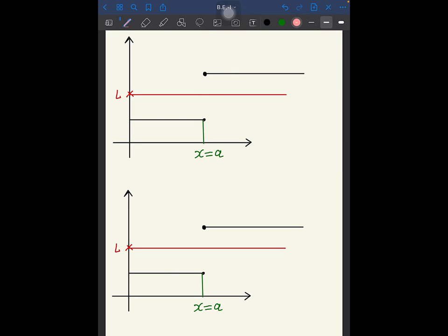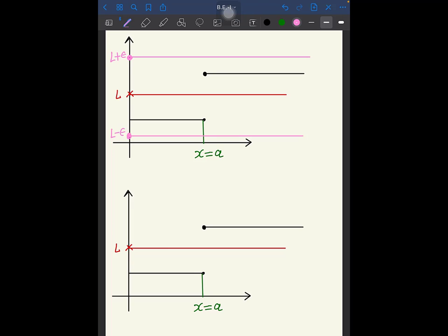If you take lines, let me draw pink lines with bigger epsilon here and here. This is epsilon apart from L, so we call it L minus epsilon to L plus epsilon.